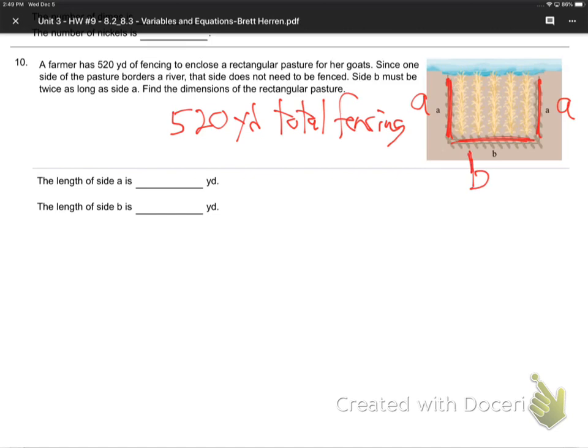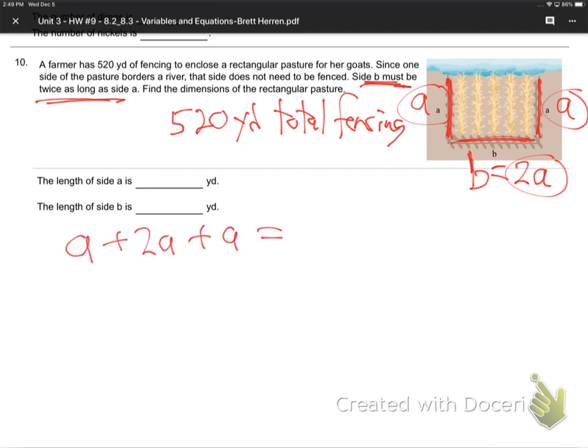And you don't need to put a fence on the top side because there's a river there. So we don't need it. They also tell me that side B must be twice as long as side A. So side B is 2A, isn't it? So it's A plus 2A plus A must be 520.